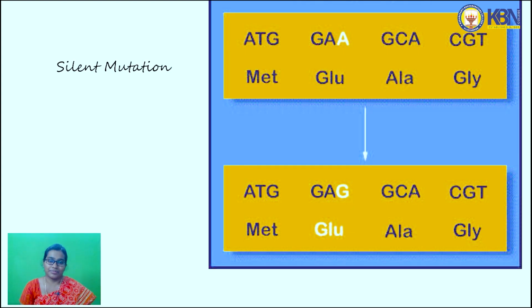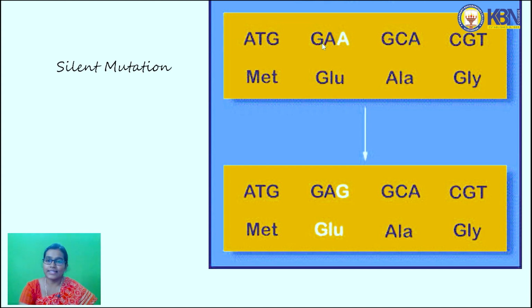Another type is silent mutation. As the name suggests, it keeps quiet and doesn't cause any damage to the body. And how does this work? Whenever the mutation is caused in the genetic information and that mutation doesn't change the amino acid, then we call it silent, for example.